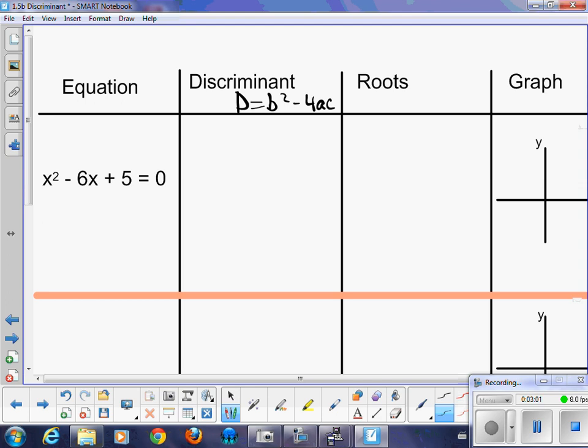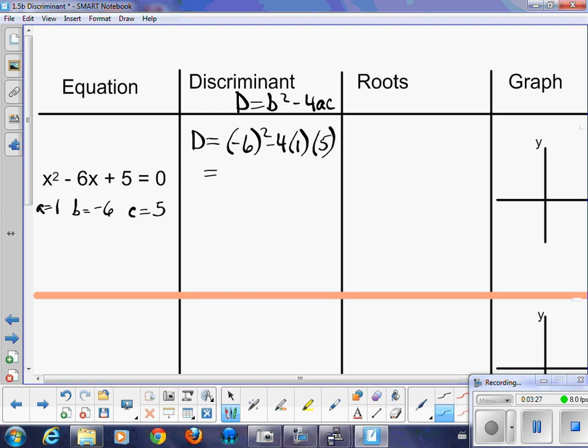If I look at this first one and calculate it, a is 1, b is -6, and c equals 5. Because I have the formula just above, I'm not going to require us to write it down each time. So we have -6 squared minus 4 times 1 times 5.